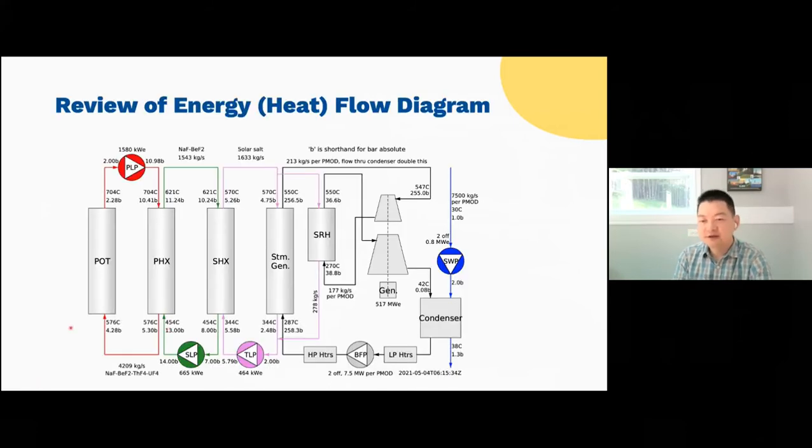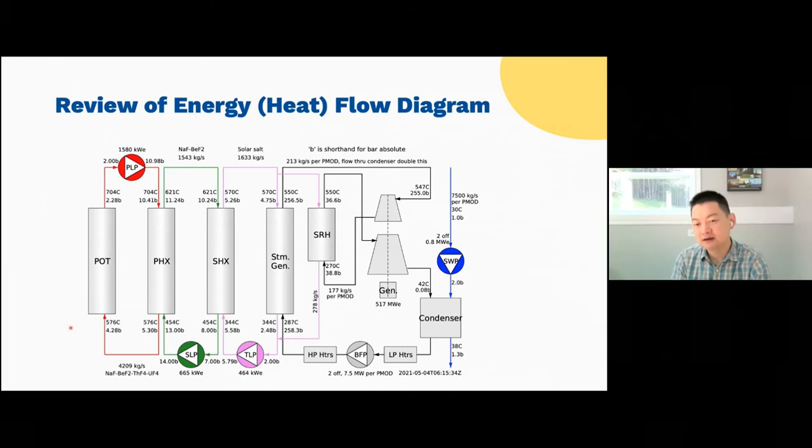So the load following is interesting because in today's electric market, there's all kinds of electricity sources. Some sources can stably operate for days, weeks, and months, like nuclear power. Some sources cannot, like wind power and solar power. They're not always available.